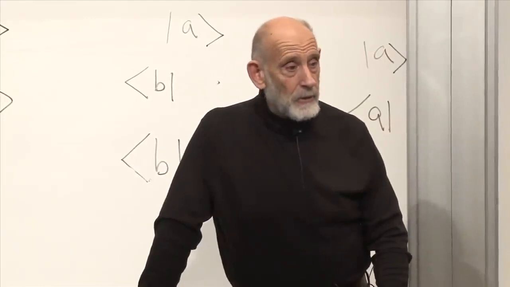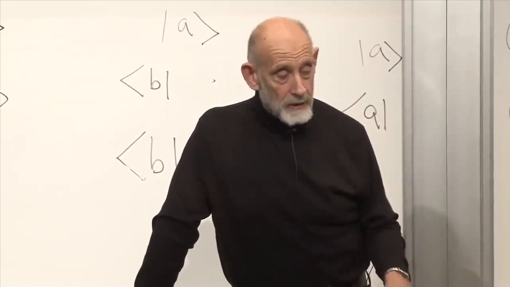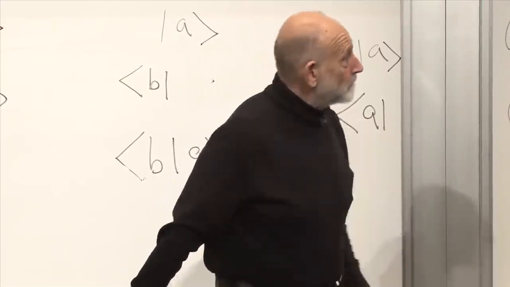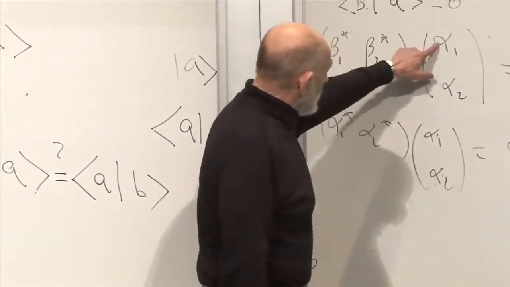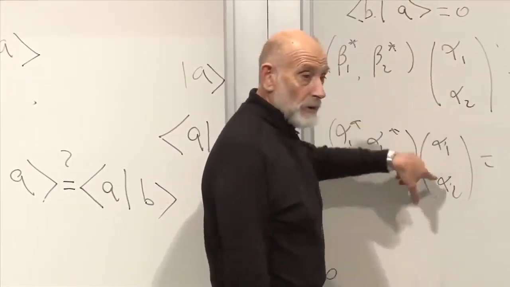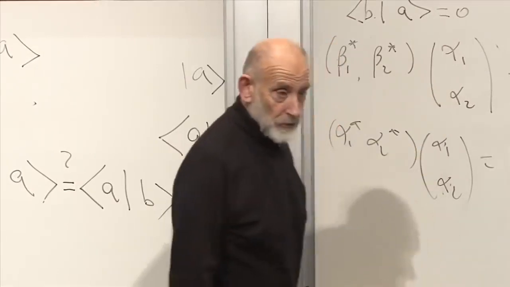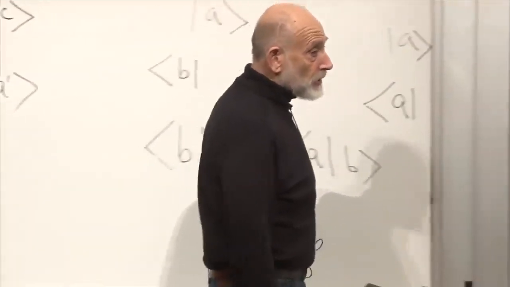The maximal number of orthogonal vectors that you can find is equal to the dimensionality of the space. It does correspond to the number of entries, the number of components. You can prove that.